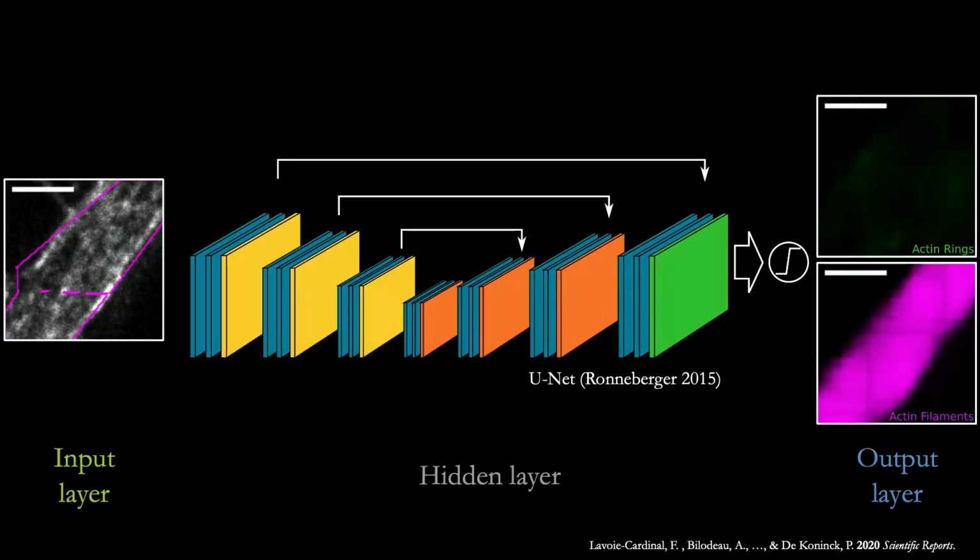And this is called semantic segmentation because we are segmenting but also classifying the pixels, if they belong to the actin fibers class or actin ring classes. And there can also be overlap between the structures.